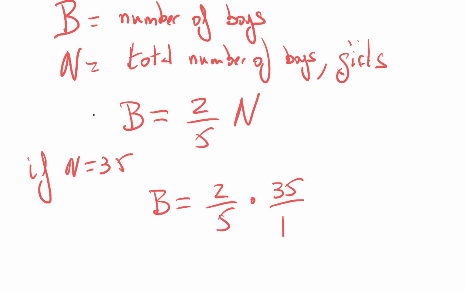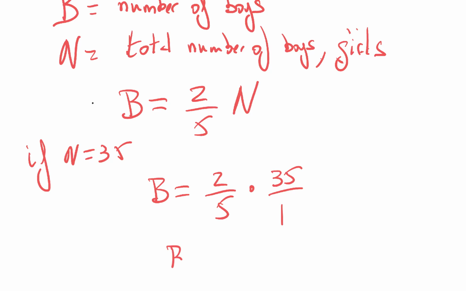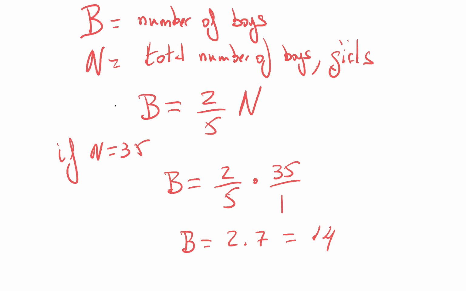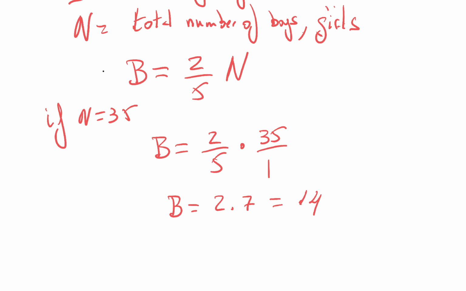So now you can multiply this expression. 35 divided by 5 is 7. So it's 2 multiplied by 7. So there are 14 boys, and how many girls?